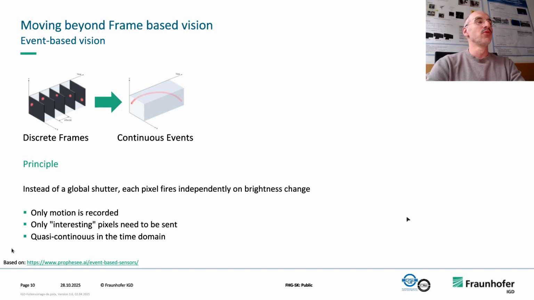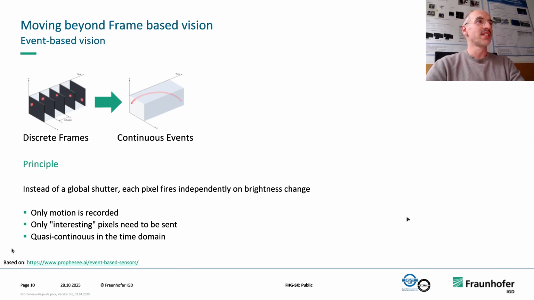And this means that only motion is recorded and that only interesting parts of the frame need to be transmitted. Because only a few pixels typically change in the frame, the data that needs to be transmitted is much less, and it can be sent much more rapidly. And this means we have a quasi-continuous time domain.